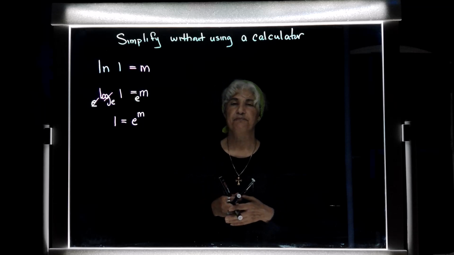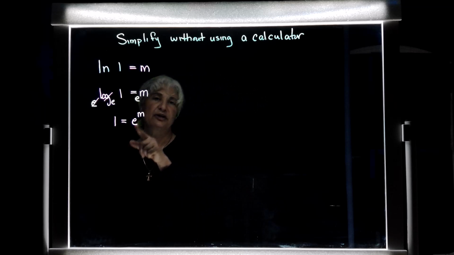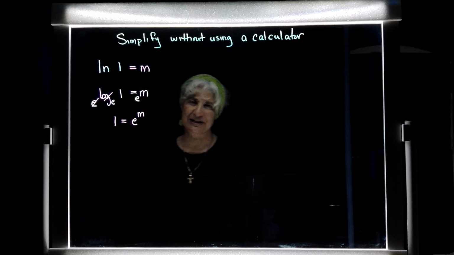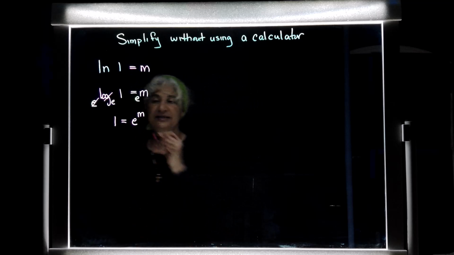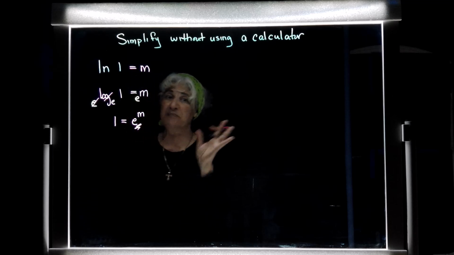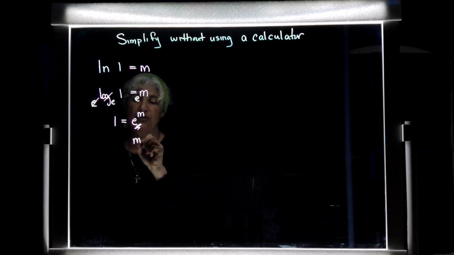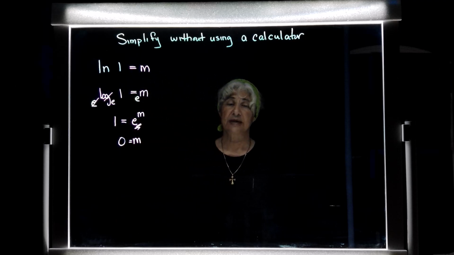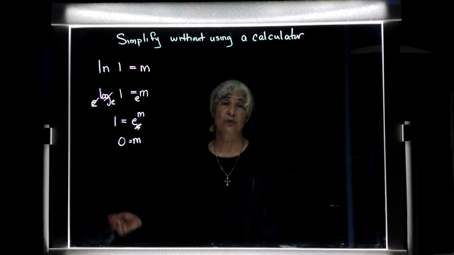Because think about it. You take a base to a power and it equals 1. What does that power need to be? Yeah, it doesn't matter what the base is, but the power always has to be equal to 0. Anything to the power of 0 is always 1.